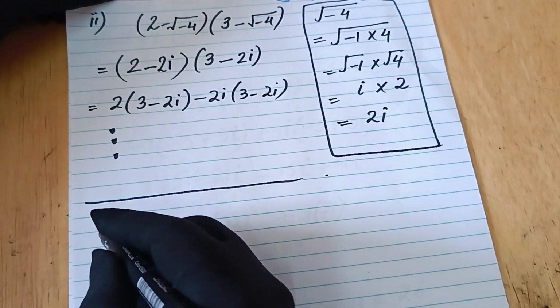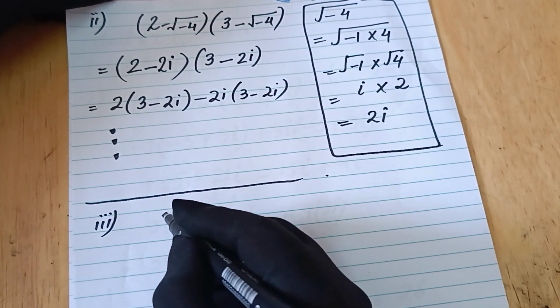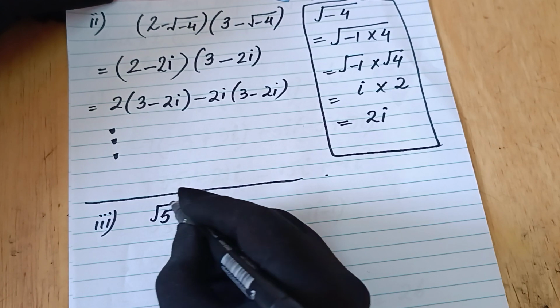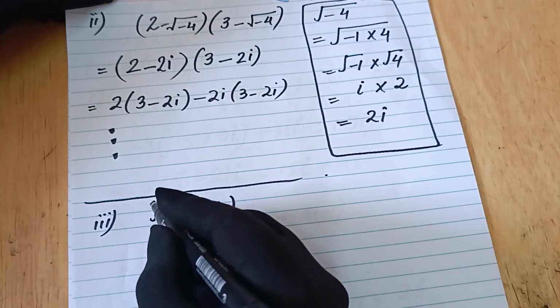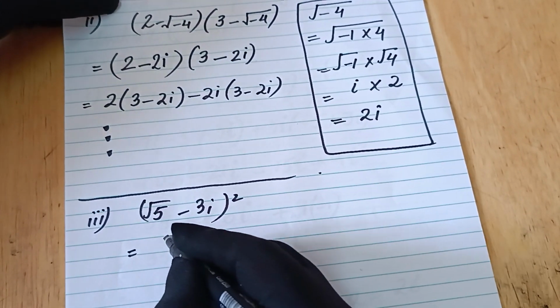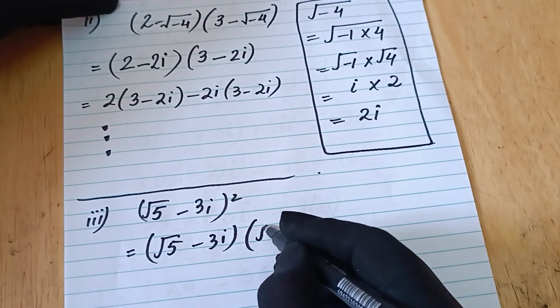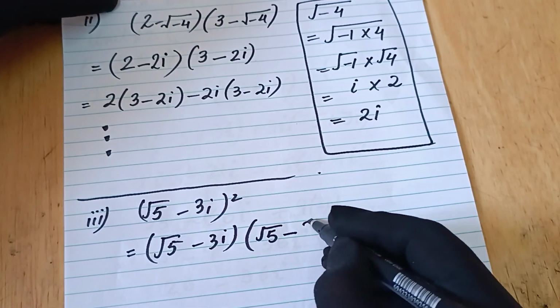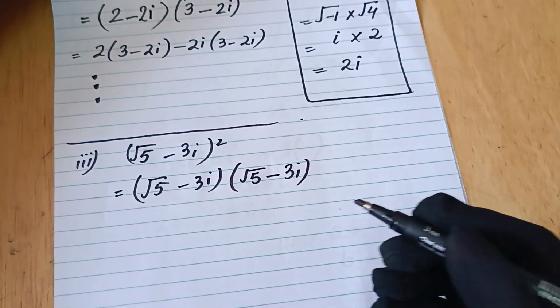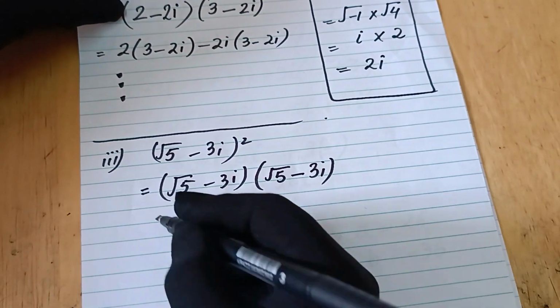Next is number 3, under root 5 minus 3 iota, whole square. Square means that you can write the same number 2 times, or apply the algebraic identity. Whatever you want, you can use.